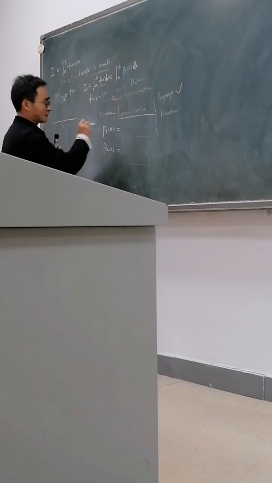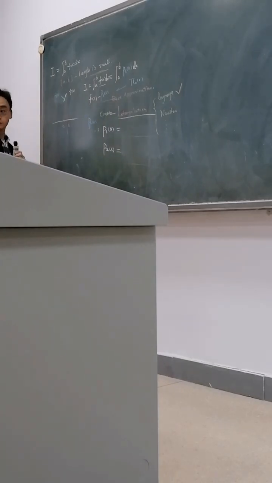Before we construct this kind of function, we need to define the node points. For example, x0, x1, or x0, x1, x2. In practice, if we choose just x0, x1, we may take x0 equal to a, x1 equal to b. That means we just consider this interval as one partition.